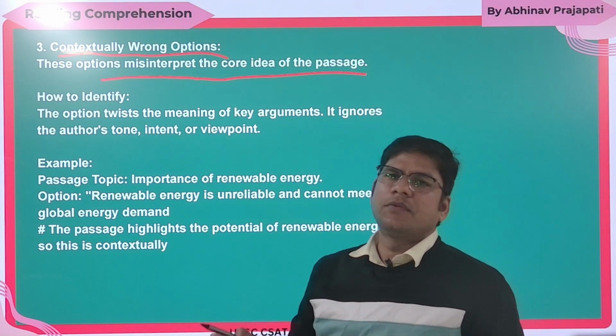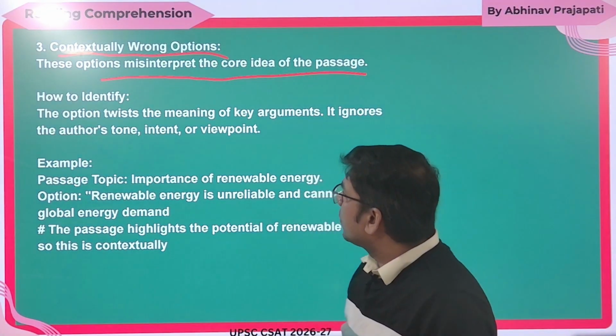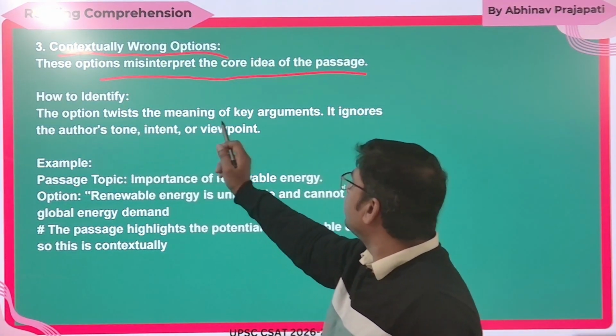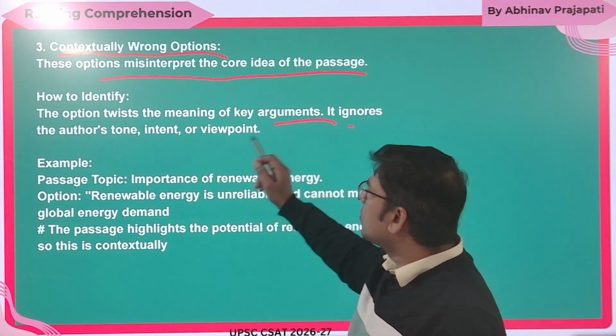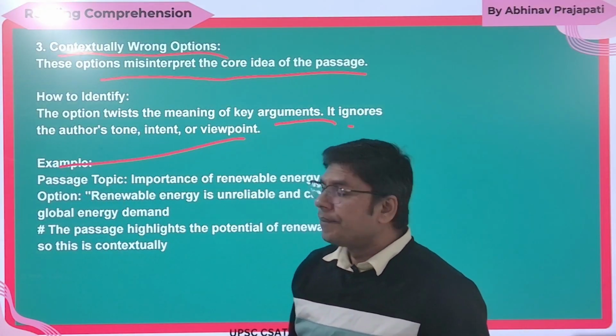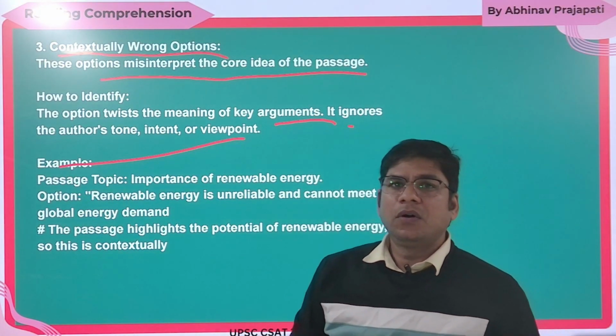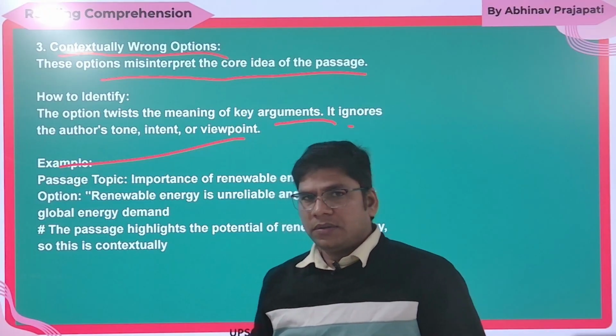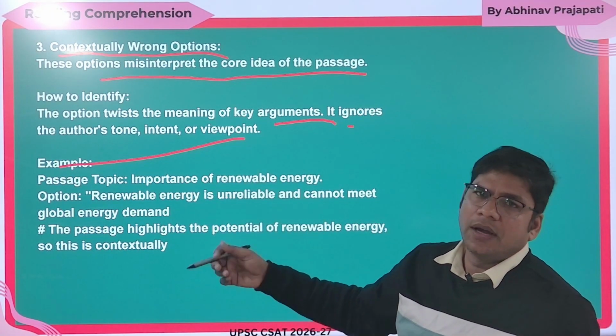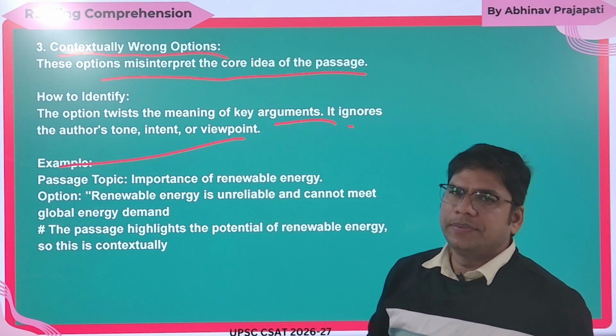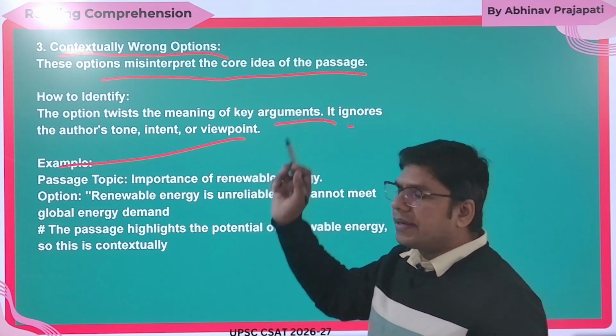Those types of options should be eliminated. How to identify them? The option twists the meaning of the key argument in the passage. It ignores the author's tone, intent, viewpoint or core idea. So these are not supported by or aligned with the passage, and should be eliminated as contextually wrong options.